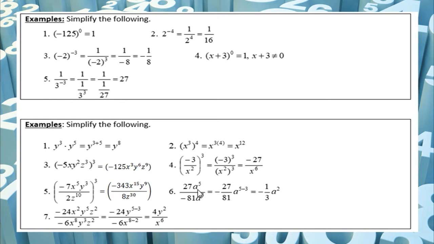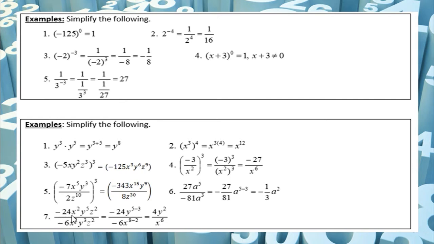And this time, the larger exponent is in the numerator, so we subtract. Whenever we divide exponents with the same base, we subtract. So, a to the power of 5 minus 3. So, the final answer is negative 1/3, because 27 over 81 is 1/3, then a to the power of 2, or a squared.